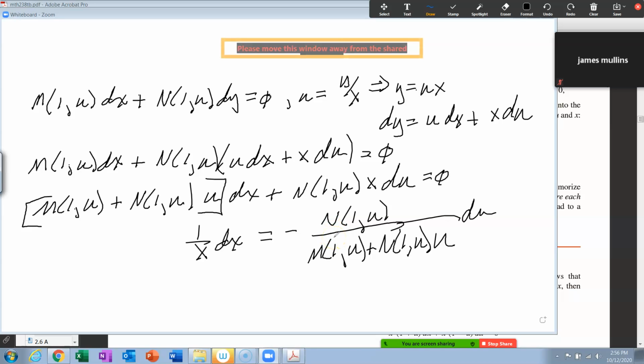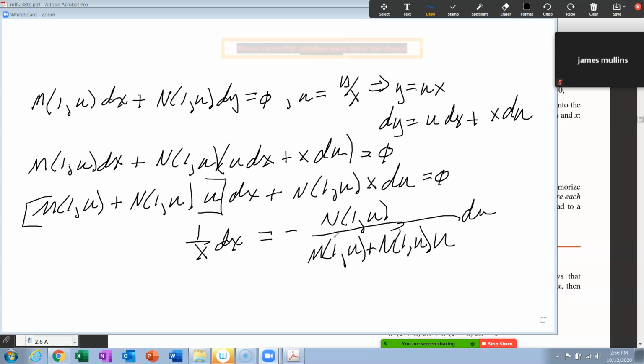Now, they left on the same side. I moved it to the other side. At this point, we offer the same advice as in the preceding sections. Do not memorize anything here, especially that last formula. Rather, work through the procedure each time. The proof that the substitutions also lead to a separable equation follows in an analogous manner.